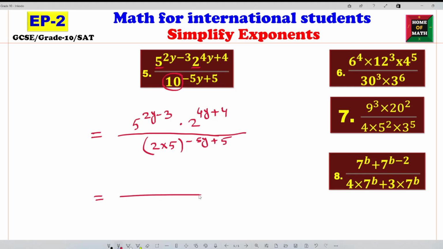Then we can write 2 to the power minus 5y plus 5, again 5 to the power minus 5y plus 5. The numerator here is 5 to the power 2y minus 3 and 2 to the power 4y plus 4.